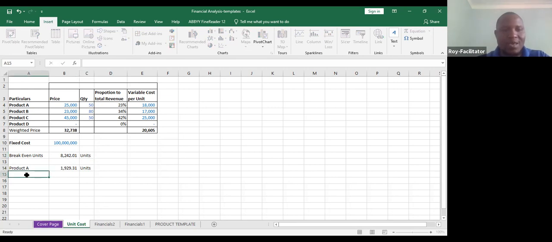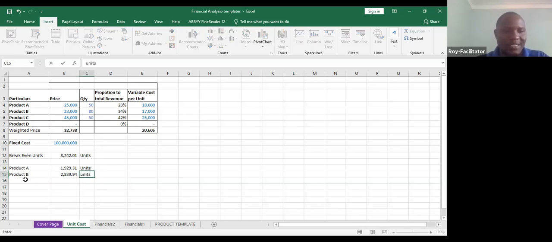For product B, I'm just recapping yesterday because today I'm going to do the financial model. For product B, I'll just take the same. Sorry, it will be equal to this break-even times the contribution of that product B. And that means for product B, I need to produce 2,839 units.